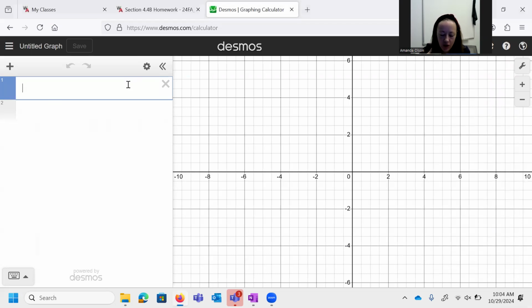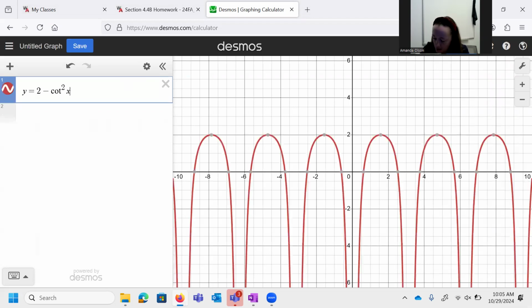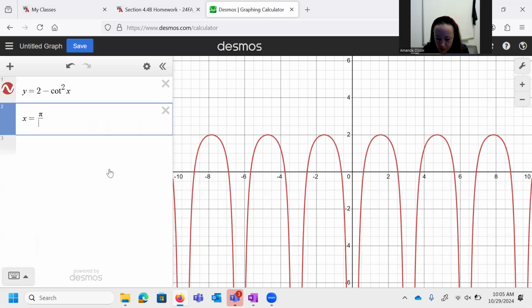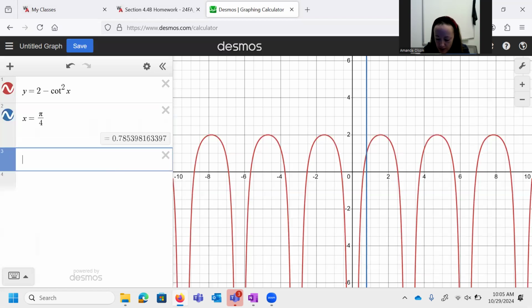And then we can look at what the area of the region would be. So the area of the region we were working with was y equals 2 minus cotangent squared x, and then we want to evaluate that specifically from where x is equal to pi over 4 to where x equals pi over 2.